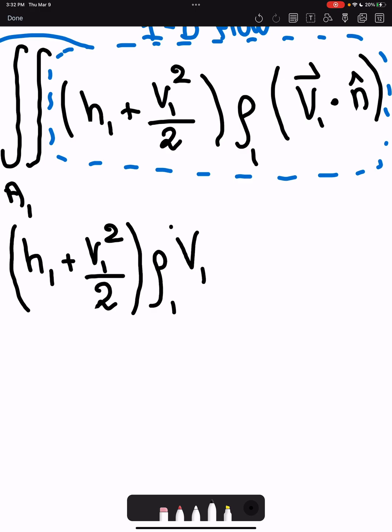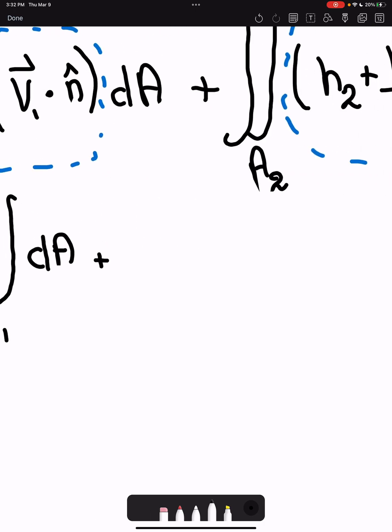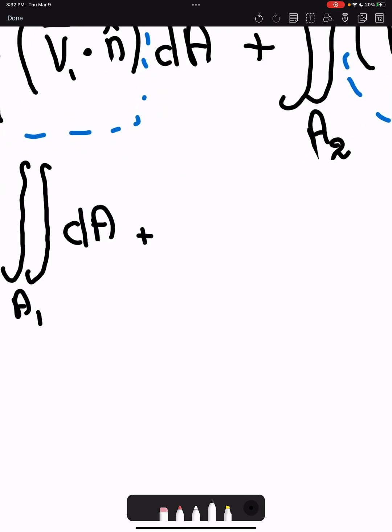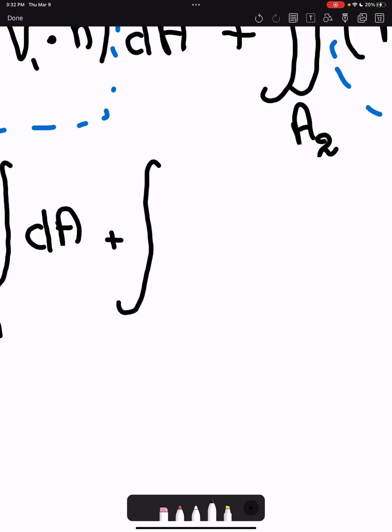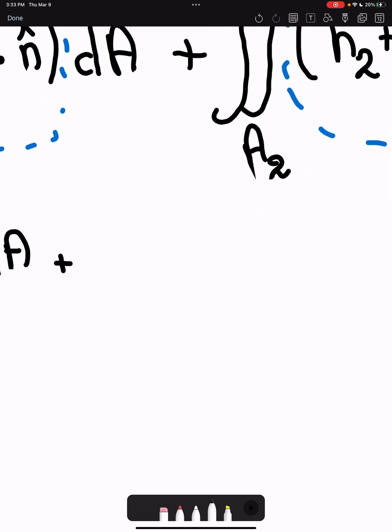This is the interesting part. Now the V1 becomes negative V1 because the V1 pointed inside and the normal vector to the surface pointed outside. Then over this A1 we have dA, and then we have a plus, and then we have the same thing, but for the exit.